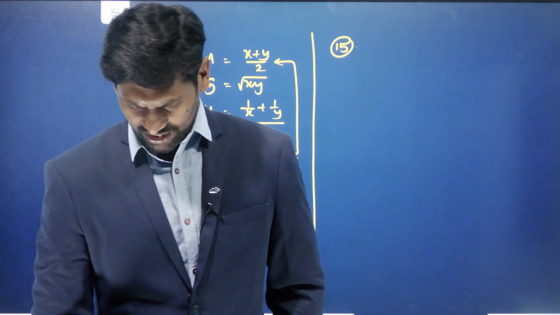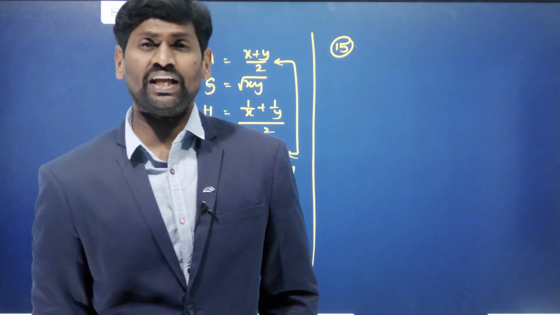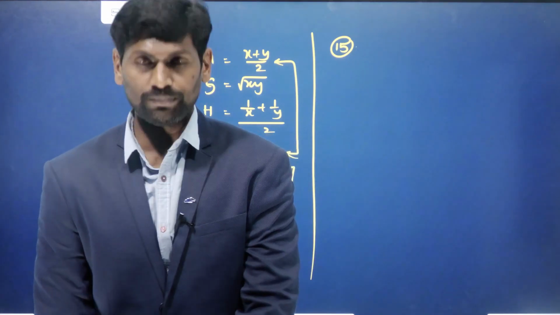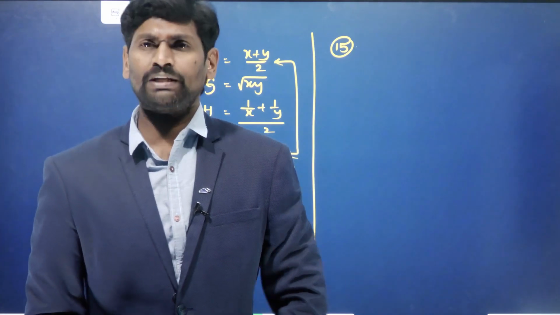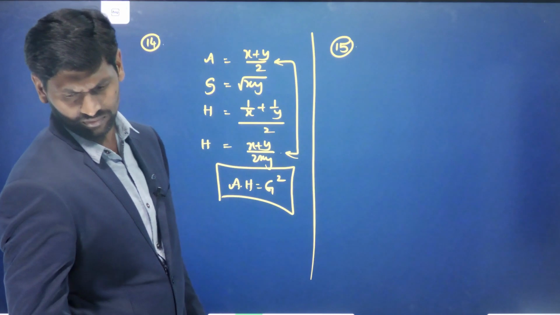Question number 15 is given that if A, B, C are in AP, then 3 power A, 3 power B, 3 power C are in what?